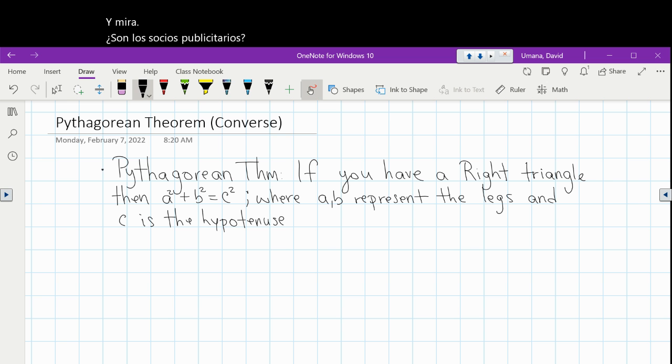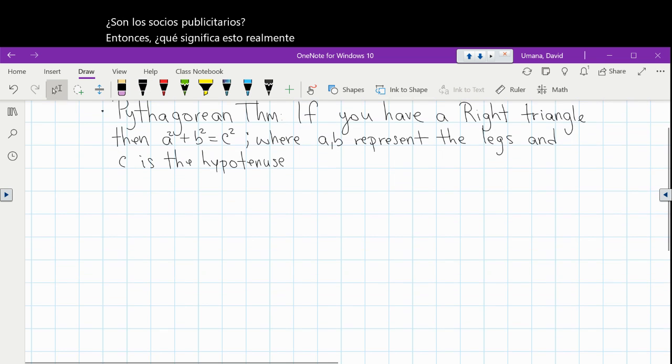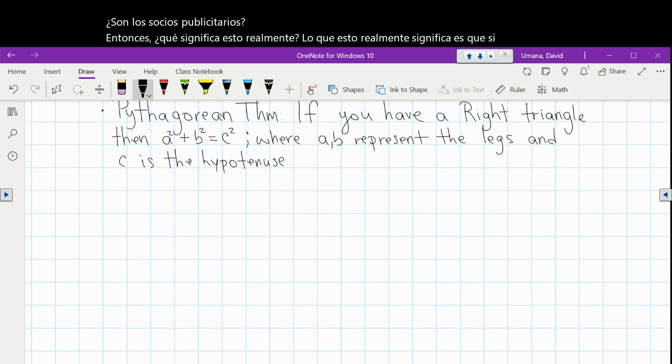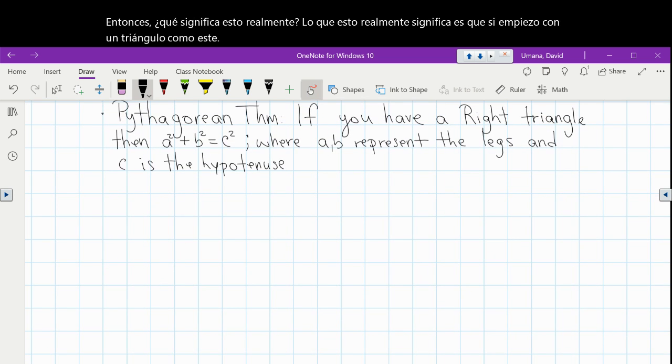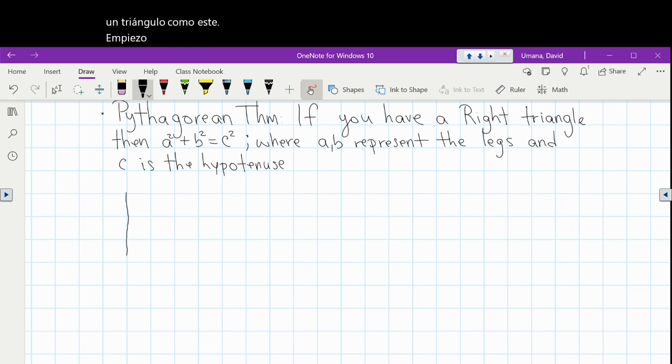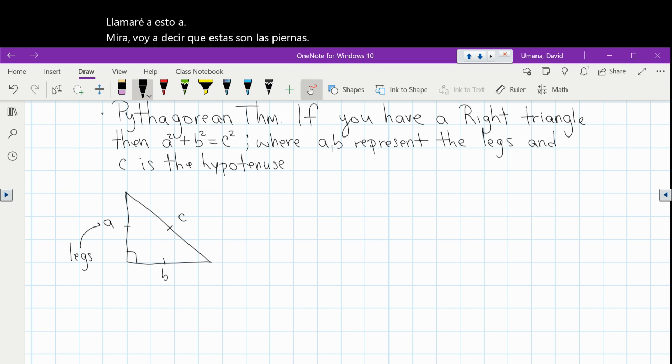So what does this really mean? Well, what this really means is that if I start with a triangle like this, and I say to you, this is a right triangle, then I'll call this A, B, C. I'm going to say that these are the legs, and this is the hypotenuse.